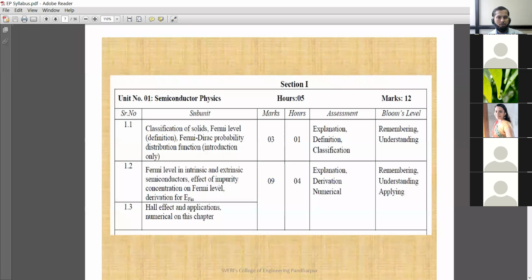It includes other points: the Fermi level, derivation of the Fermi level, then position and effect of intrinsic and extrinsic semiconductor impurity on the Fermi level. Then the last one is a derivation called the Hall effect and its applications, and of course numericals on this chapter.